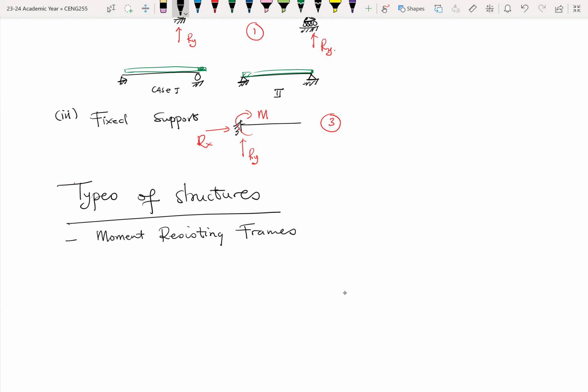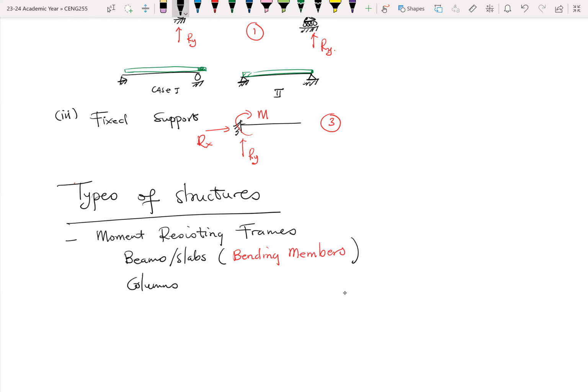So normally with the moment resisting frames, they are made up of beams and then columns. Okay. Normally, it's not always the case, but normally they're made up of beams and columns, or beams and slabs. Let me put it this way: beams, slabs, and columns. Okay. And with the beams, we call them the bending members. So another name for beams is bending members, because they resist loads through bending action.